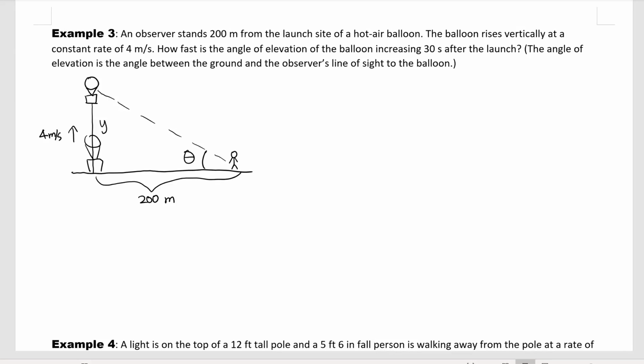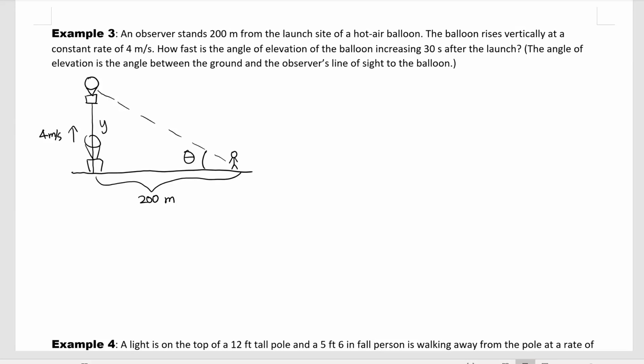The observer is not moving at all. So this is fixed, and if it's fixed, we just give it the number. Don't name the variables. If you name too many variables, then when you differentiate, there's not enough information to plug in. Okay, so this is our picture.